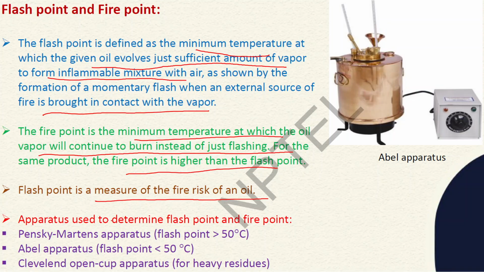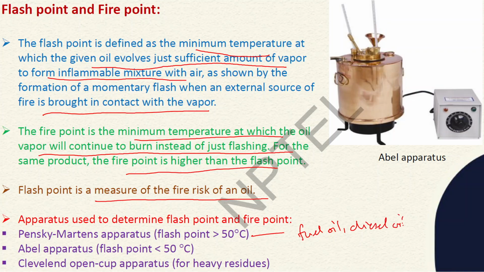Different instruments and apparatus are used to determine flash point and fire point. The Pensky-Martens instrument is used for the measurement of flash point if it is greater than 50 degrees C, basically for higher boiling crude oils such as fuel oil or diesel oil.